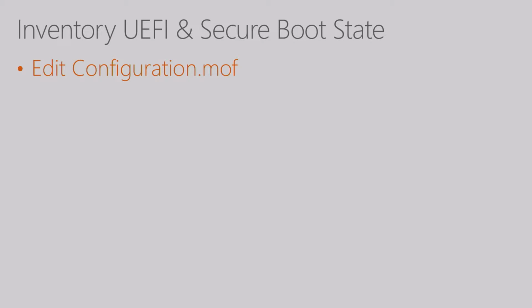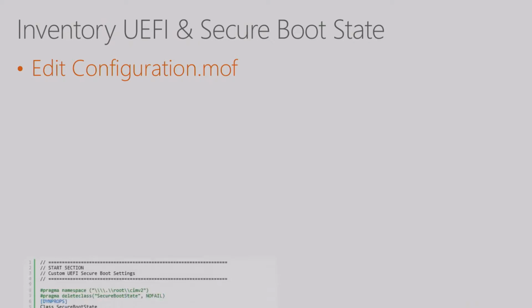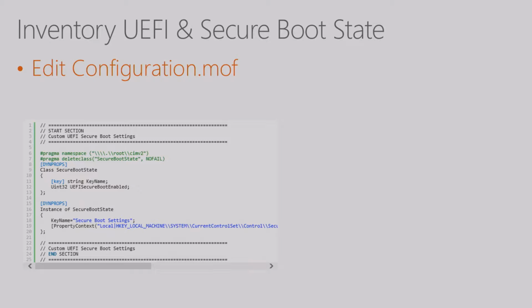So what you can do is edit your Configuration Manager hardware inventory by editing your configuration model first. Basically, that uses the registry property provider so that we get this information into CM in a supported fashion.